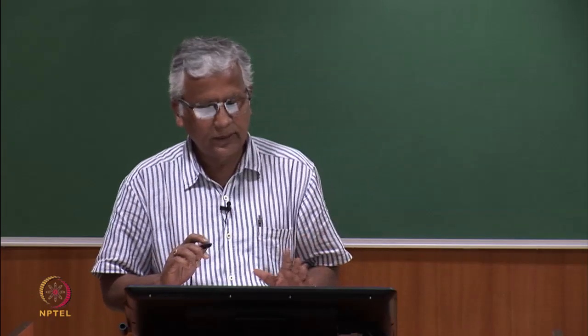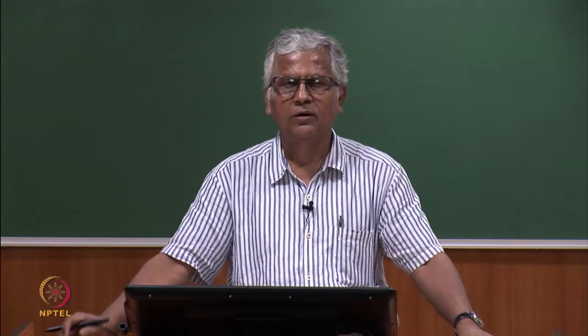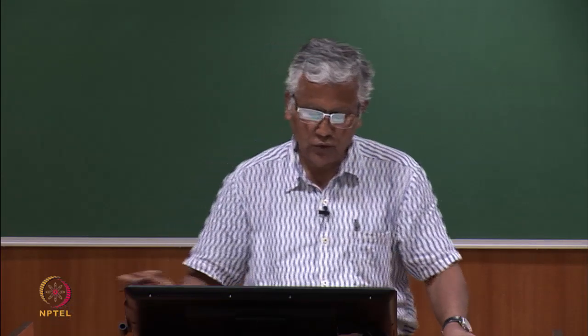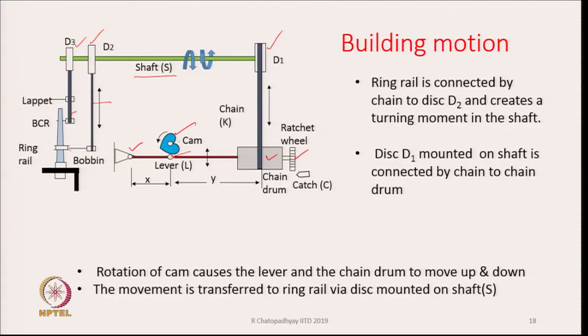Now, the cam gets its drive from a motor through a chain of gears and it rotates at a constant speed. Now, if the cam rotates, what is going to happen? The cam is going to press the cam follower. This is the cam follower.